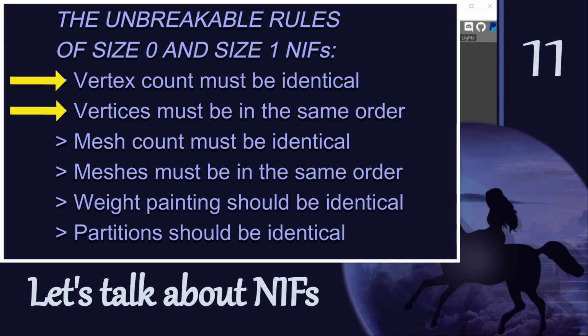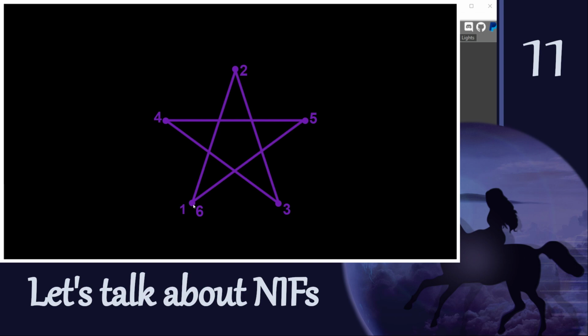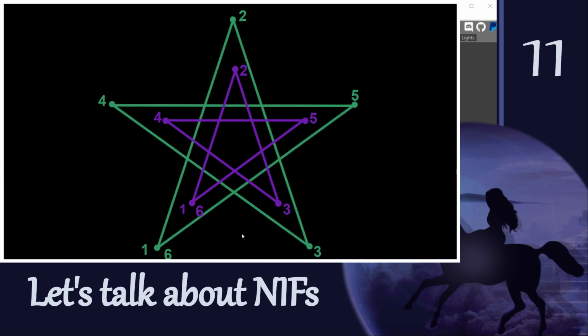Refer back to video number 11, where we talked about how weight sliding works in Skyrim. The two meshes must have the same number of vertices because you can't make a roadmap for how each vertex should move if every vertex in the starting shape does not have an obvious twin in the ending shape. That's just how the algorithm works.